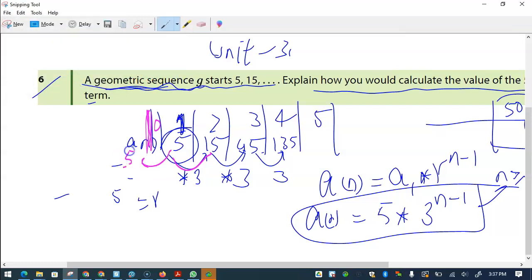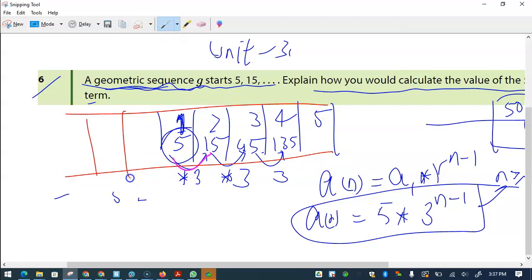So this will be 5 by 3. That means when n is 0, so let's wipe this off. It looks too shabby here. Make a table again. So this is 0. Now if I go backward, it's going to be 5 by 3.